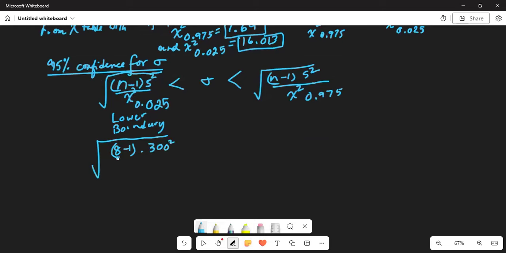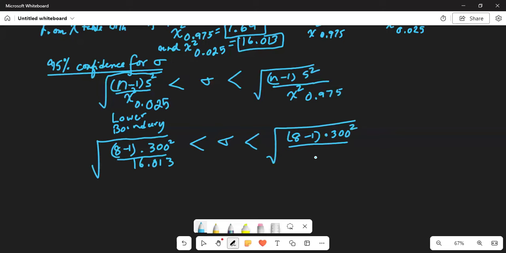So that divided by chi-square 0.025 is 16.0013. That is the lower boundary: less than sigma, less than the square root of 8 minus 1 times 300 squared divided by chi-square 0.975, which is 1.69. Okay.